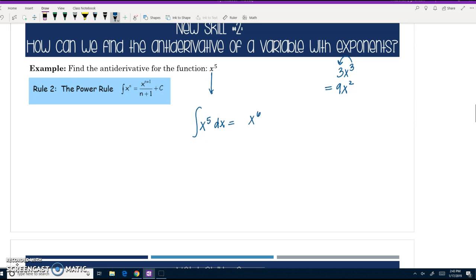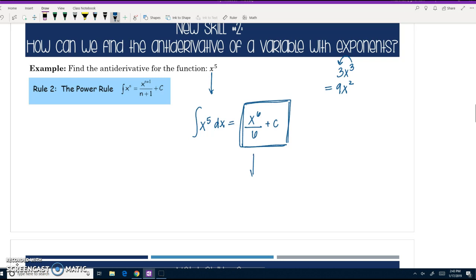And then whatever number I end up with when I added 1, I'm also going to divide my function by that same number. And then I add my constant of integration to say, hey, any constant could be hanging out on the end, and I would still end up with the same derivative if I go backwards. So this is my general antiderivative. And you could write that as 1/6 x to the 6th, or just as x to the 6th over 6.